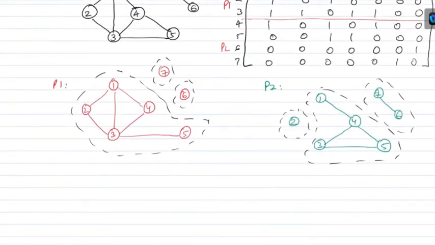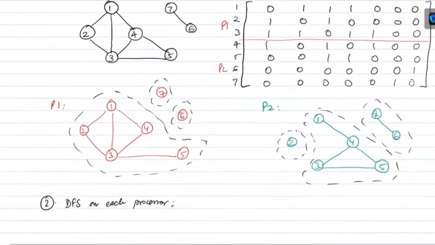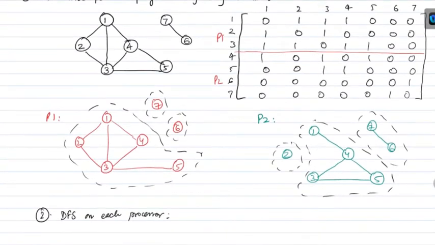So how much time is it going to take to compute this DFS? So this is step 2, right? DFS on each processor. How long is that going to take? Well, it's theta of the number of edges, right? So here, the number of edges that are visible is n square by p, right?